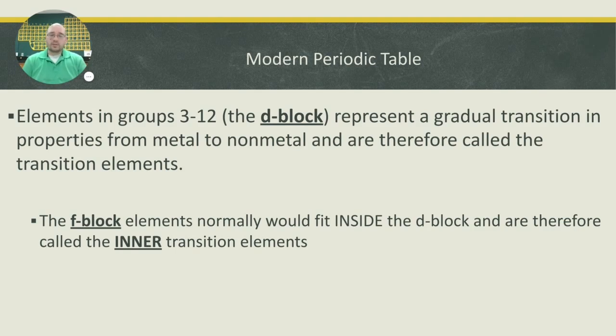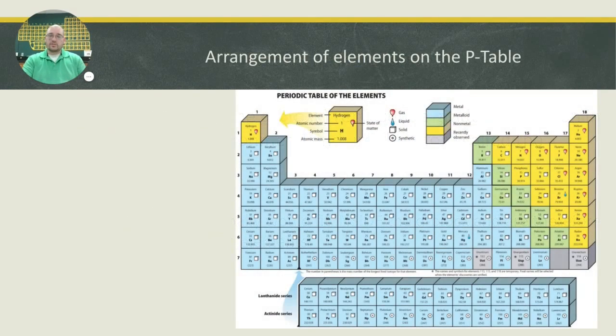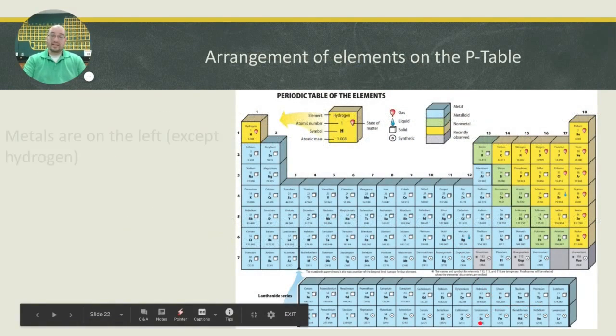The F block of elements normally fits inside of the D block, as I showed you in the wide version of the periodic table. Therefore, they are called the inner transition elements. They're all transition elements, just the inner transition elements are the ones on the inside.